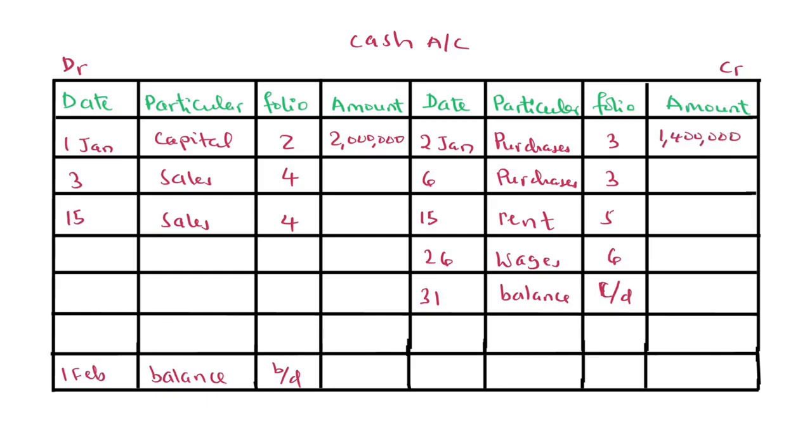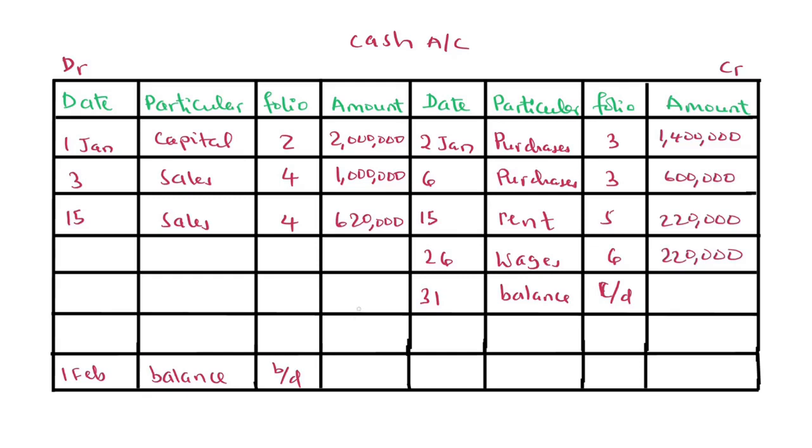The next transaction is cash sales, 1 million. The next transaction is purchases of goods for cash, 600,000. The next is rent payment, 220,000. The next is payment of wages, 220,000. And our last transaction is cash sales, 620,000.